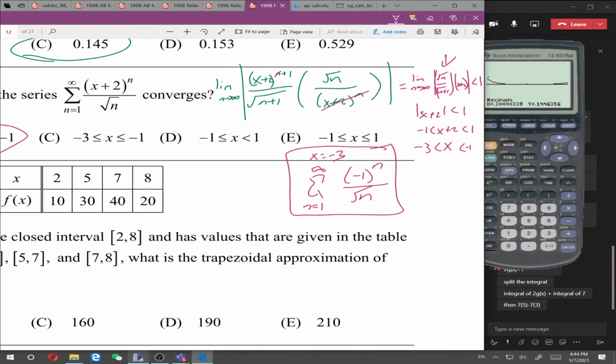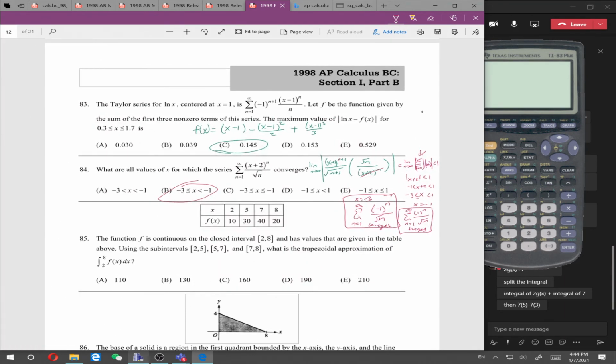Converge. Okay, this one converges by the AST. So this will be less than or equal to. If x equals negative 1, then this will be 1 raised to the n power over root n. Will that converge or diverge? Diverges. Okay. So this will be B. Okay, got it. Thank you.